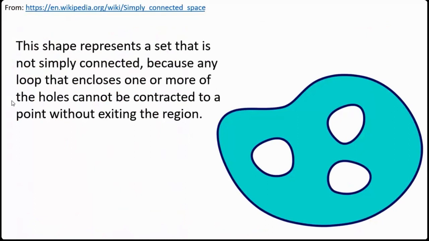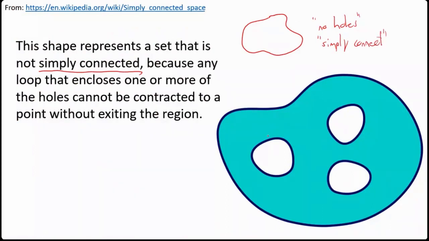But the last thing I wanted to say is you might hear the phrase simply connected and not simply connected. Basically, a simply connected space has no holes. That's kind of the English way of saying it. And a not simply connected space has holes.